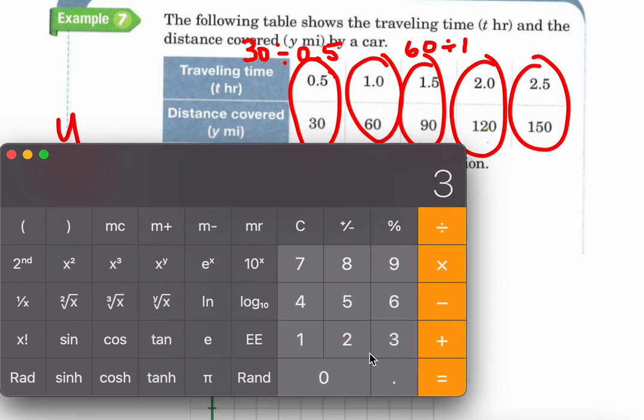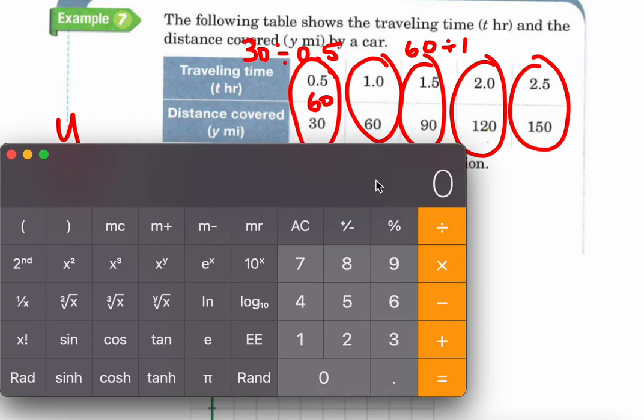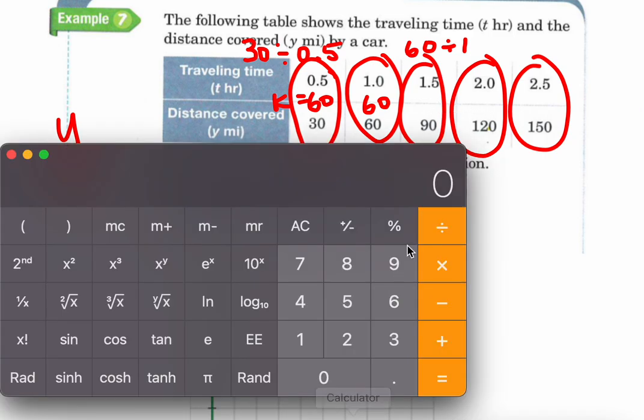I'm going to use my calculator. 30 divided by 0.5 is 60. So the k value is 60 here. Next one, 60 divided by 1. Well, 60 divided by 1, we know that's 60. 90 divided by 1.5 is also 60.